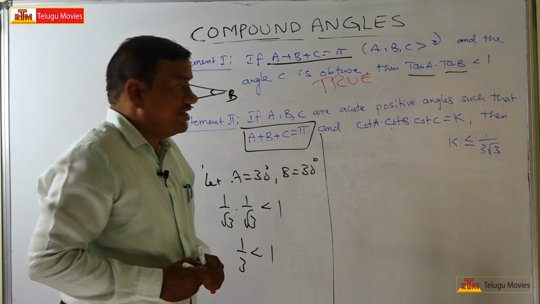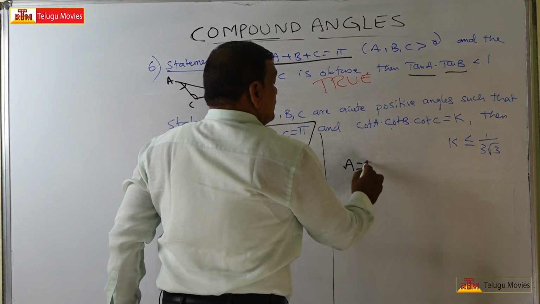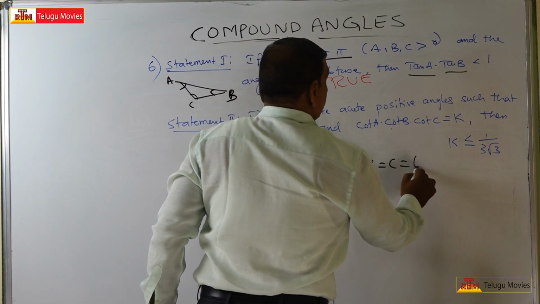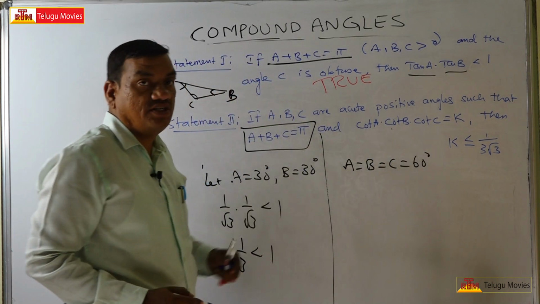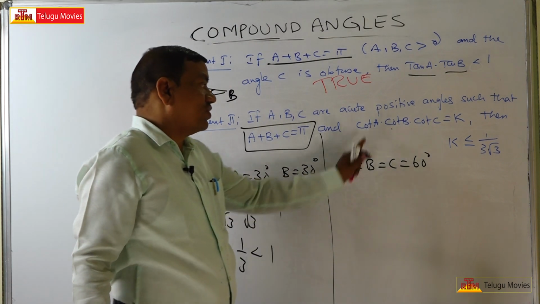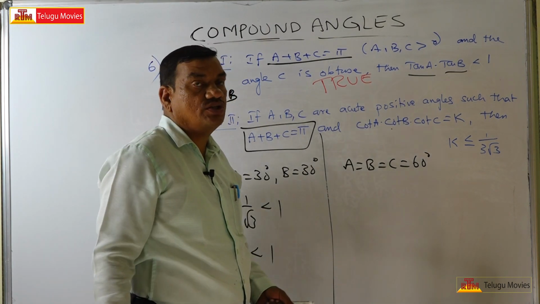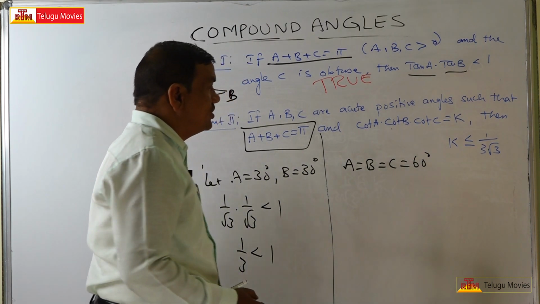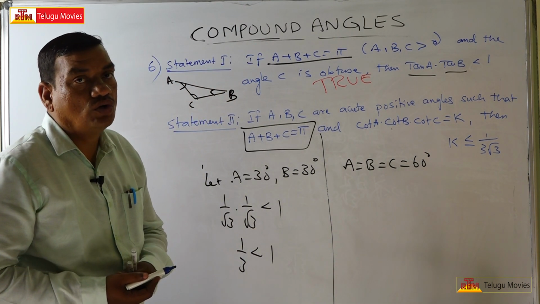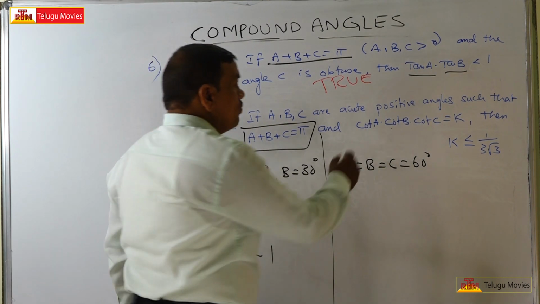Coming to the second statement, let us take A is equal to B is equal to C is equal to 60 degrees. A plus B plus C is equal to 180 degrees. Therefore, cot A into cot B into cot C is equal to K. Cot 60 is equal to how much? Tan 60 value is root 3, so cot 60 value is 1 by root 3.